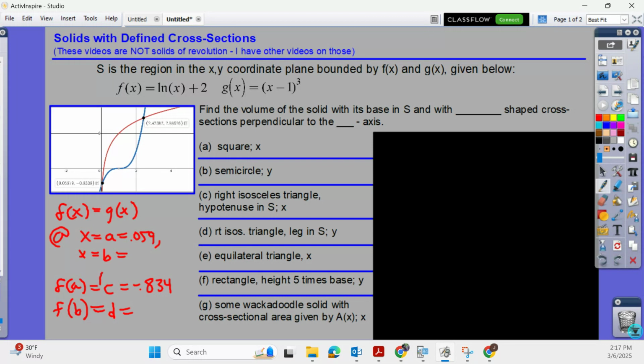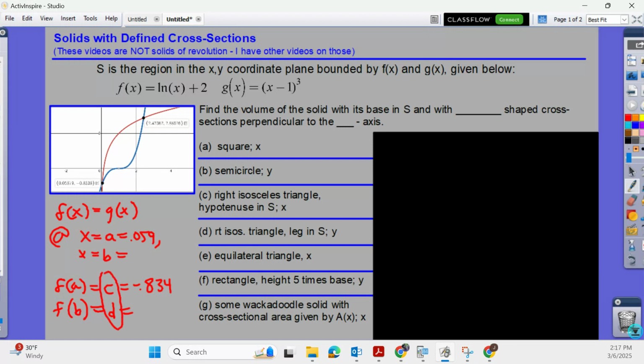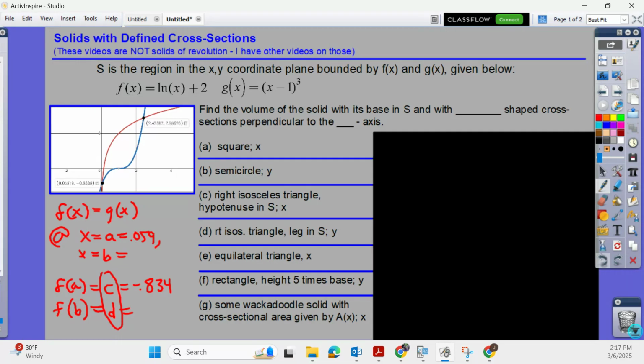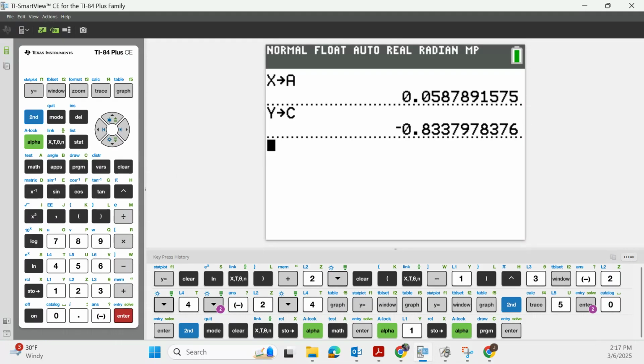And I can use c and d for the ones where the cross sections are going horizontally, perpendicular to the y-axis. Then you're going to use y value limits of integration, so I'd use c and d. The point is, I'm actually just going to write a and b and c and d once I have these defined. I don't have to write these little values, and in my calculator, if I have to compute them, I can just use a, b, c, and d.